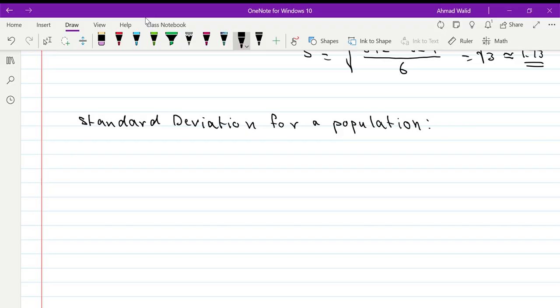Up to now, the two formulas that I gave you were for finding the standard deviation for a sample. For the population, it's basically the same, just the notation is changing.